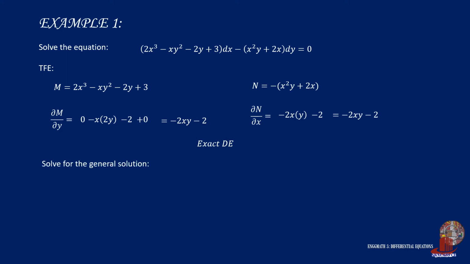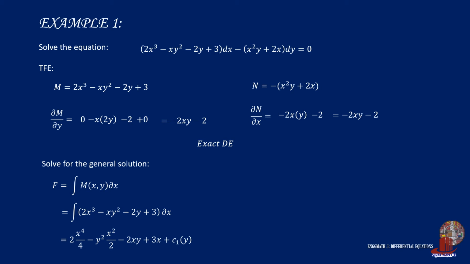To start with the general solution, take f by integrating both M and N. Let's work with M first. So f is the integral of the function quantity of 2x cubed minus xy squared minus 2y plus 3 with partial derivative x. The first term 2x cubed will be integrated as 2 times x to the 4th power all over 4.